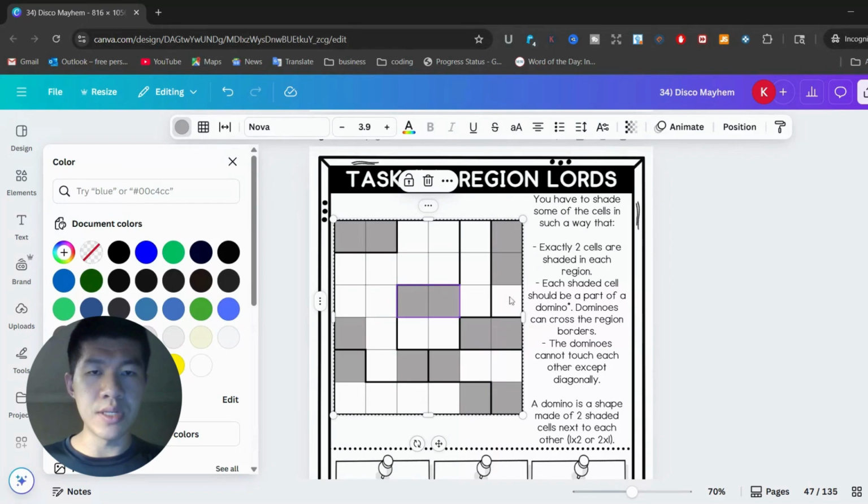And for this region right here, I have two cells that are shaded. And I can see that no dominoes are adjacent or touching one another except diagonally, which is perfectly fine within the rules of Region Lords. So this is my final result, and that's how you play Region Lords.